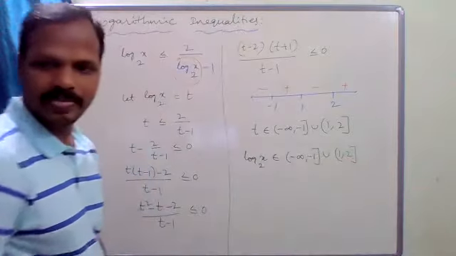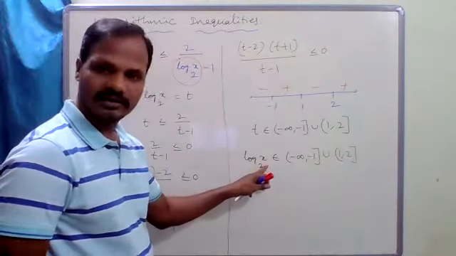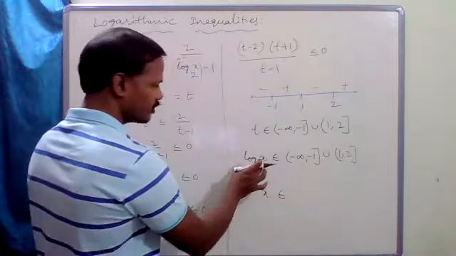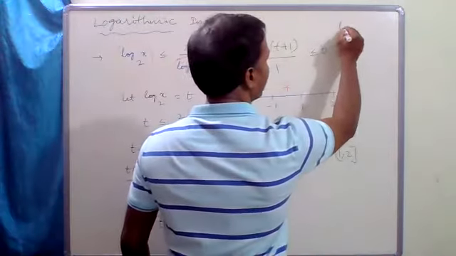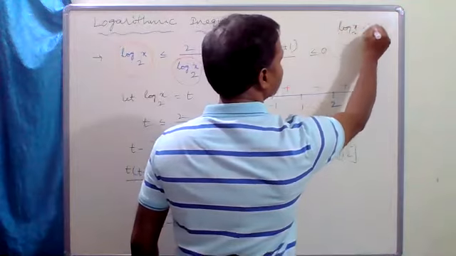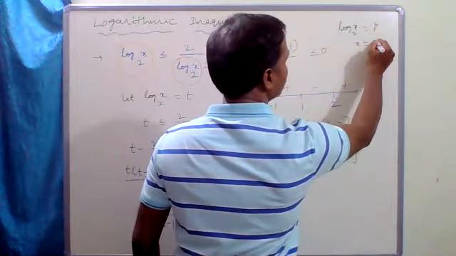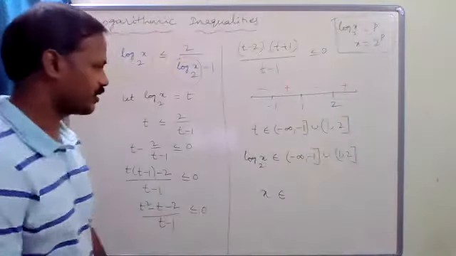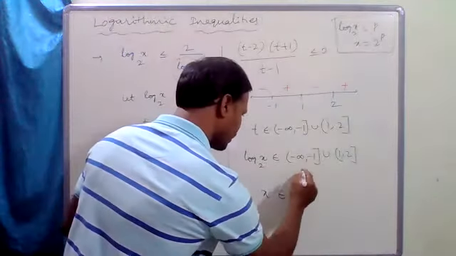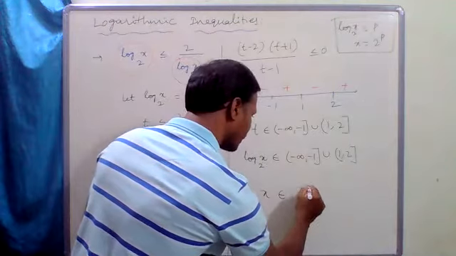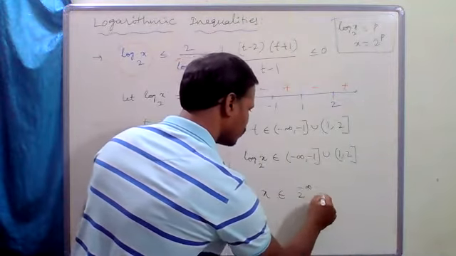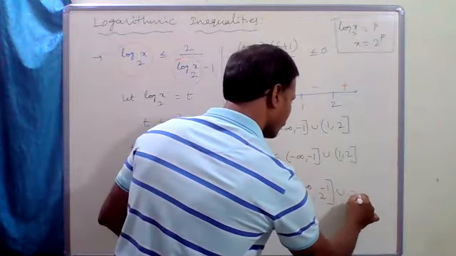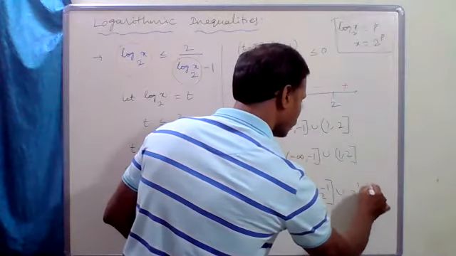Now you have to find x value. Say log x base 2 equal to some p, then x equal to 2 power p. So x belongs to 2 power minus infinity comma 2 power minus 1 union 2 power 1 comma 2 power 2.